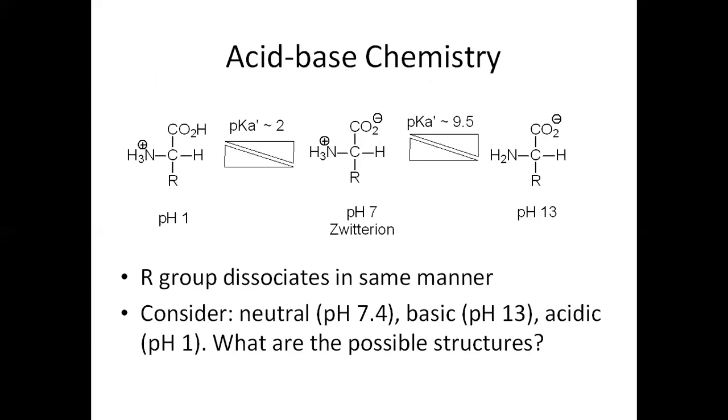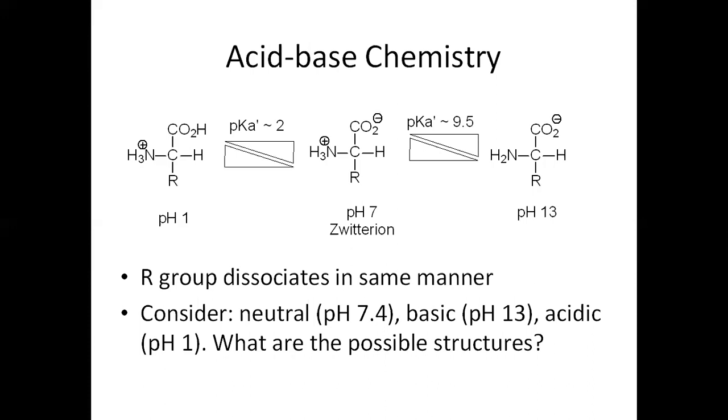Among the chemistry of the amino acids, acid-base chemistry is one of the most important. In this slide, I have drawn the 3 possible structures of the general form of an amino acid at various pH values, 1, 7, and 13.